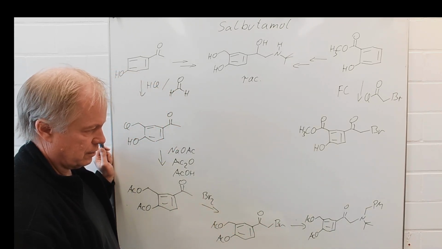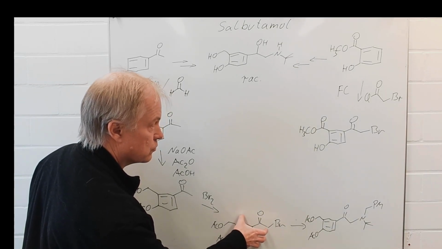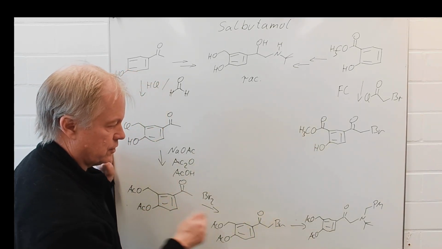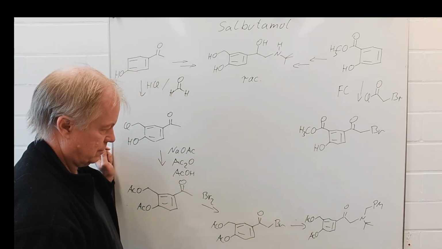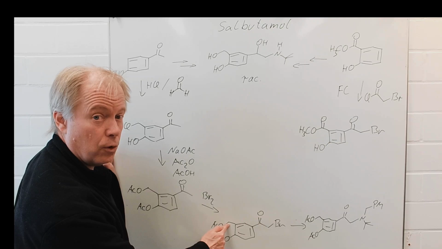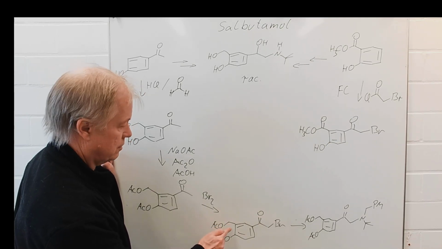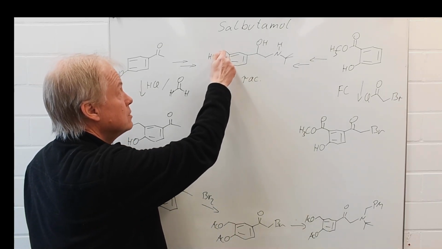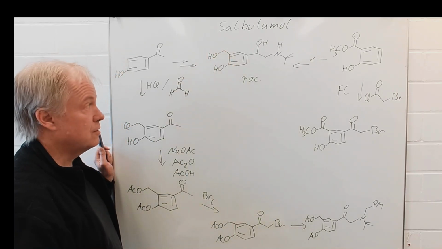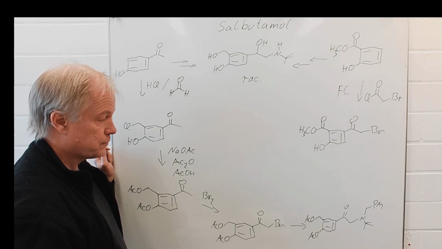If we compare this structure and that structure, we see we have the same side chain, but here we have already the right oxidation state, just the same oxidation state at the benzyl position as in the target molecule, salbutamol.